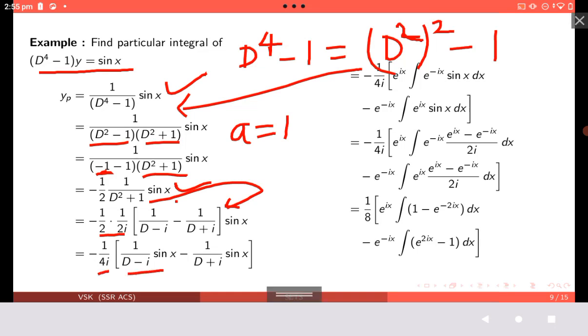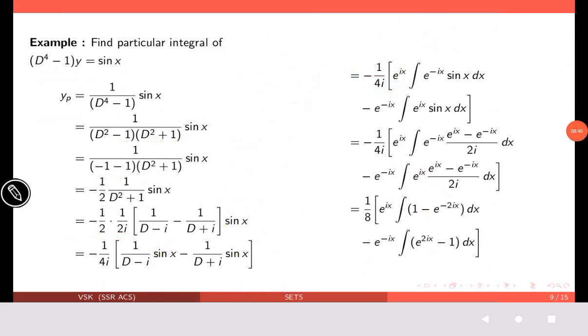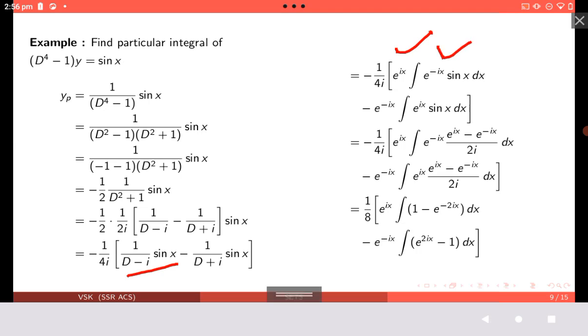These two are separated, and from this you can now see the use of the general method of finding this. This is 1 upon (D - i) sin x. So this is evaluated as e^(ix) integral of e^(-ix) sin x dx.